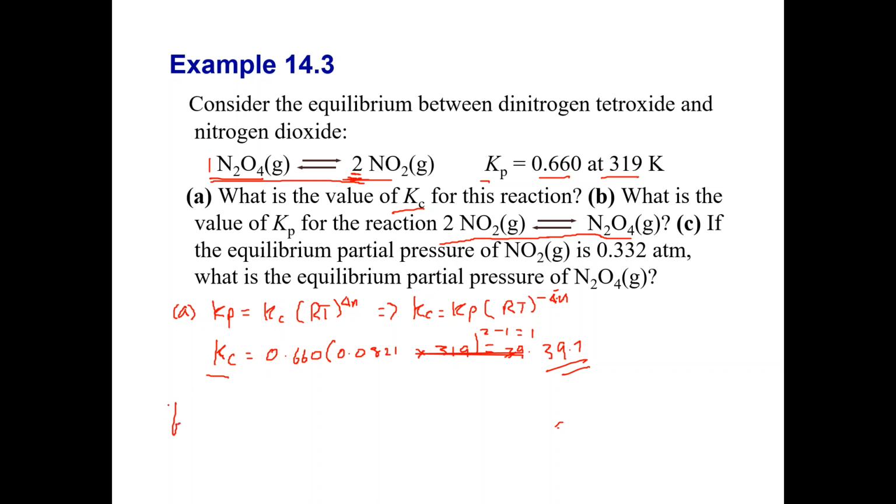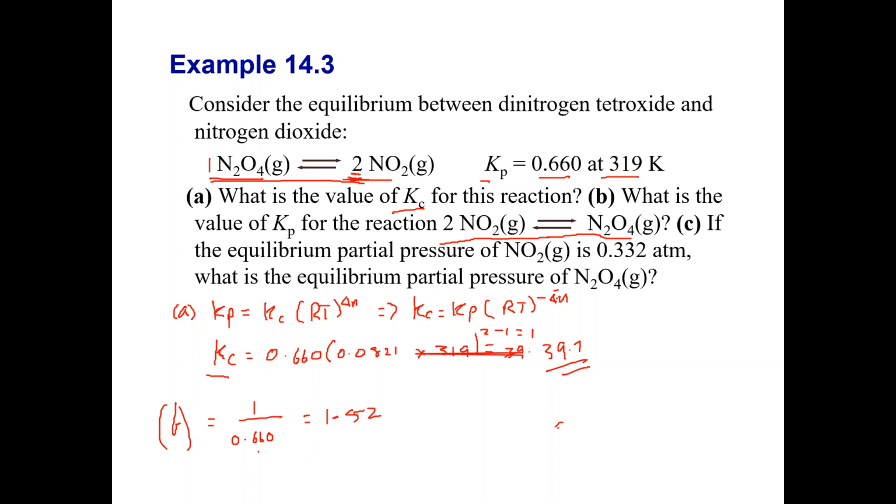So B would be equal to 1 over 0.660. 1 divided by 0.660, according to my calculations, works out to be 1.52. 1.52 is the answer. So that basically answers the B part.